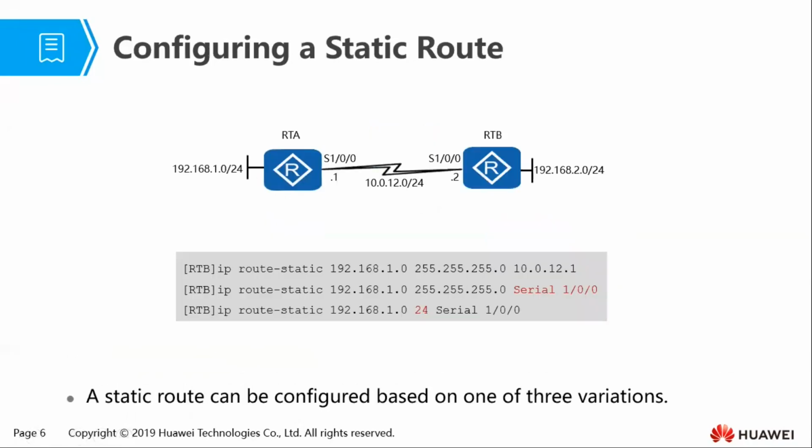So how do we configure a static route? We have three variations depending on, number one, whether the network type is broadcast or point-to-point.